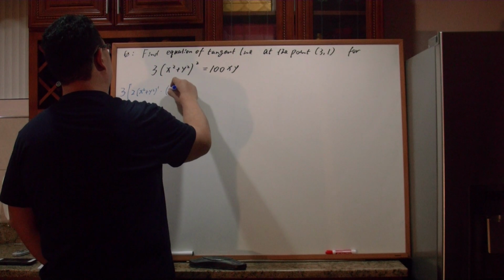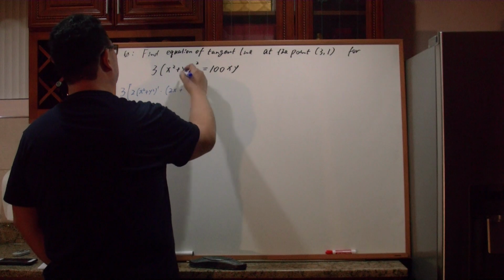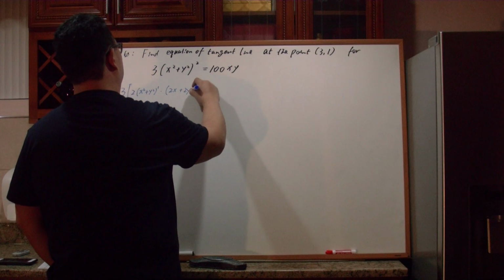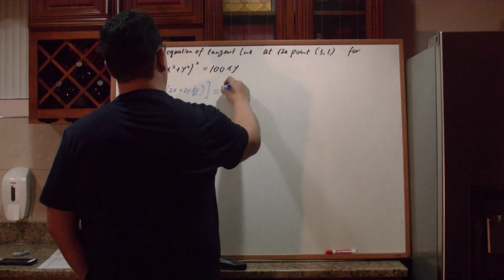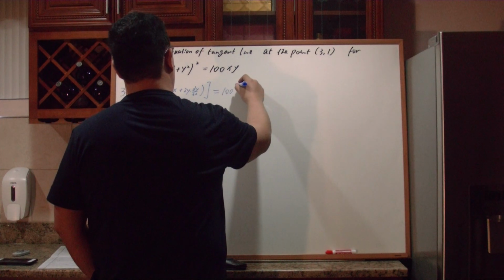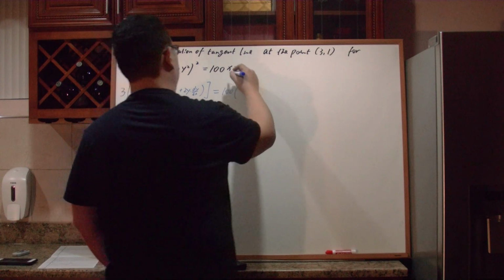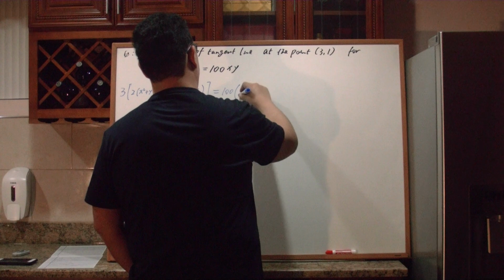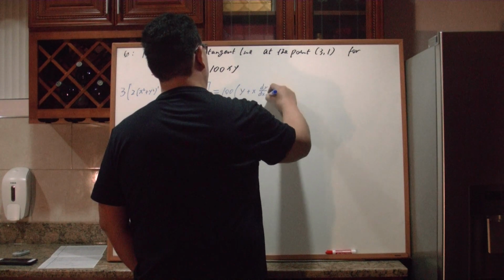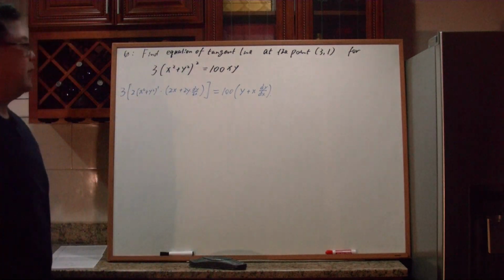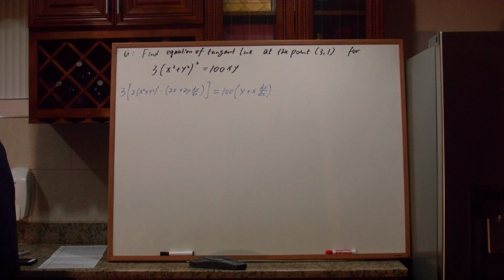The derivative of x squared is 2x, and the derivative of y squared is 2y times dy/dx. Then 100, and we apply the product rule, u prime v plus v prime u. If you go back to what we had, the derivative of x times y is y plus x dy/dx.